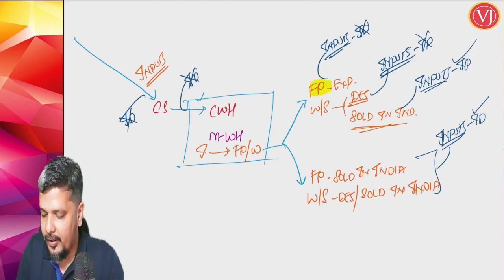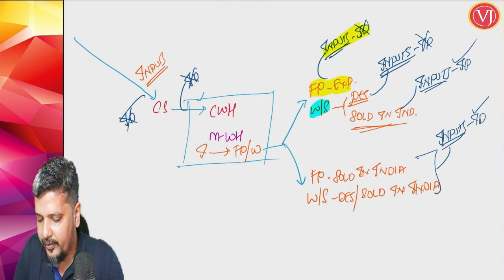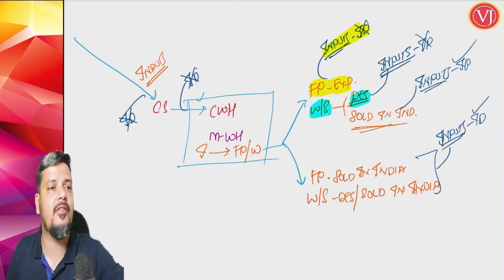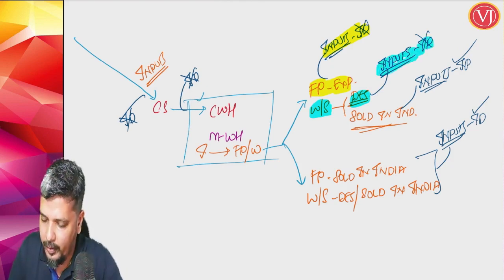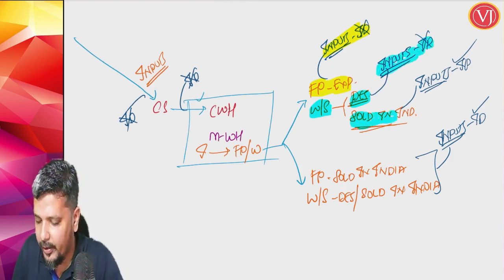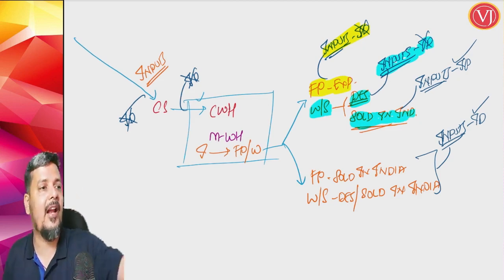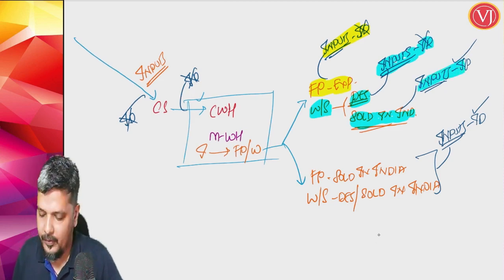On the final product which is exported, related inputs, no import duty. On the waste and scrap that is destroyed, which is related to final product which is exported, no import duty. On the waste and scrap which is sold in India, which is related to final product which is exported, no benefit, please pay import duty.